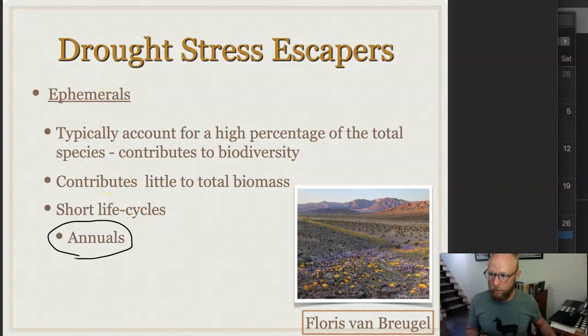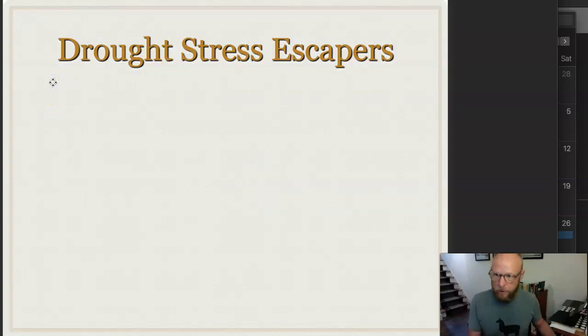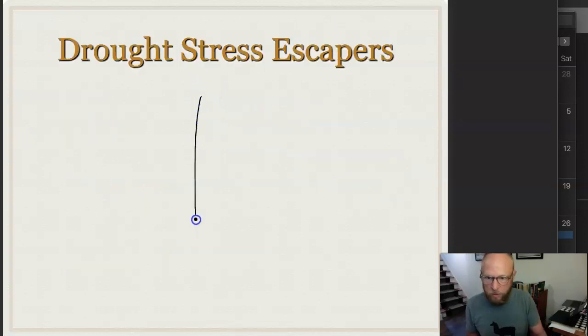And so what we have for escapers is, let me get rid of this box. All right, so remember, we're going to have time on the x-axis. And if we focus on our water potential for now of an annual, what's going to happen is it's going to stay relatively high.